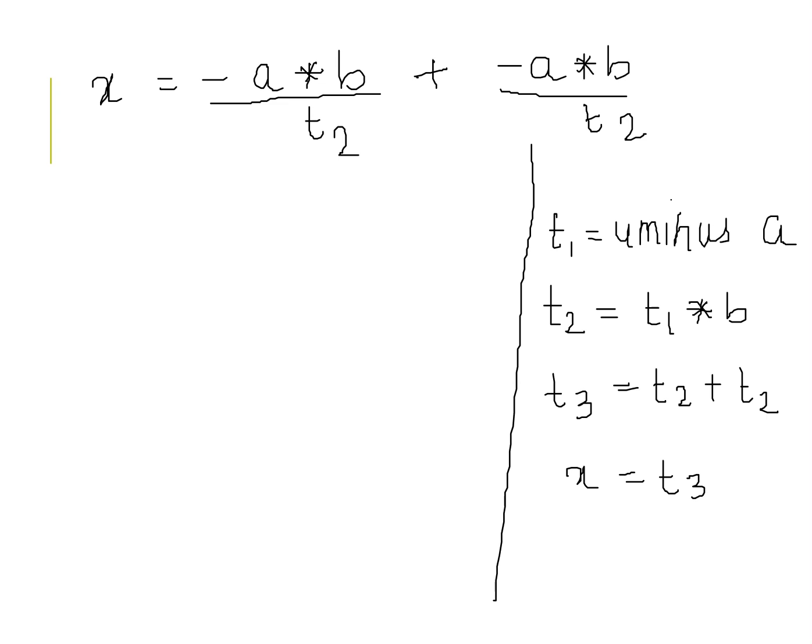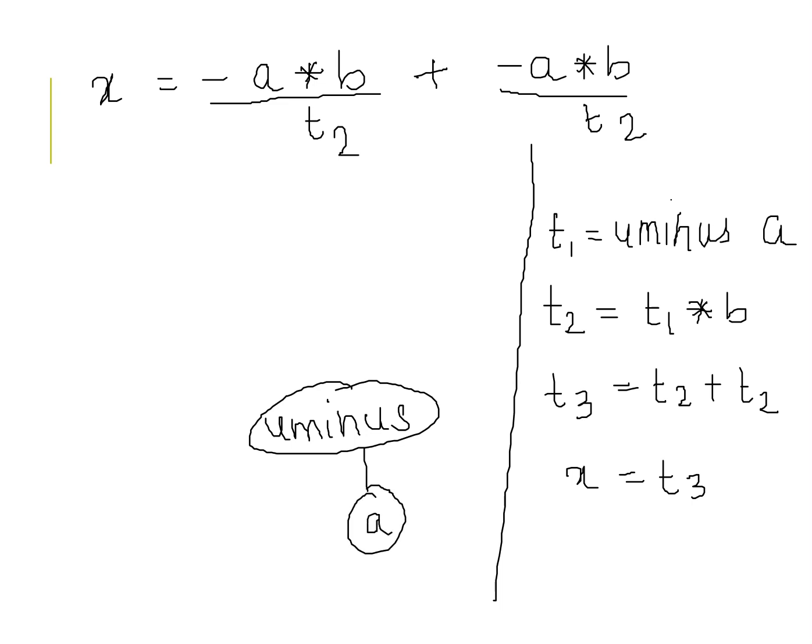Let us create our DAG. I will start with U minus. It's a unary operator, so it is U minus A. This U minus will be named as T1. Next it is T1 into B. Lack of space, I'll just erase this and make it a little aside.